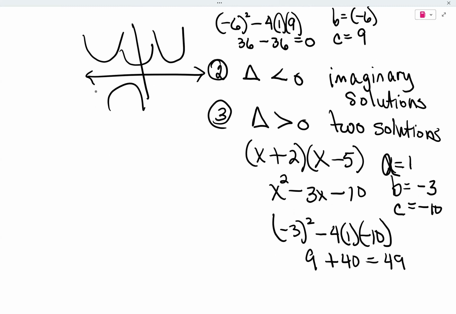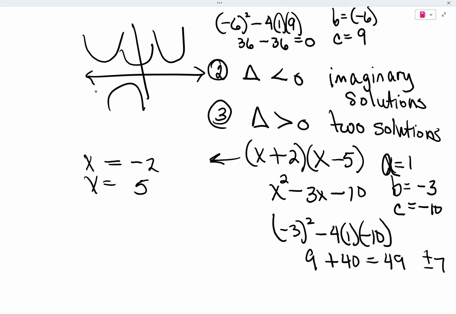That works. So that's going to give you plus or minus 7 as a square root. If I throw this in the quadratic itself, look at what's going to happen. And by the way, I already know what my solutions are going to be. This is going to cross x equal to negative 2 and x equal to positive 5.